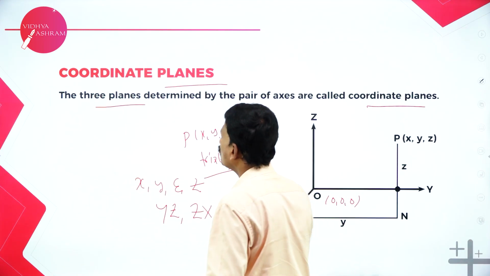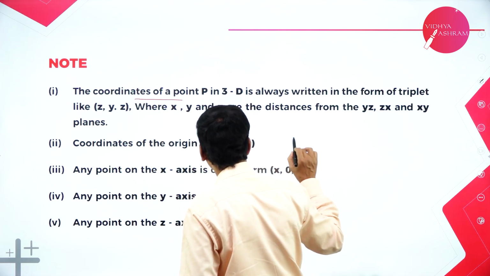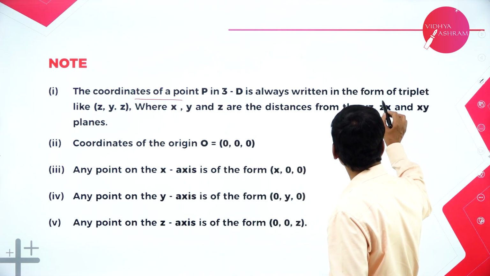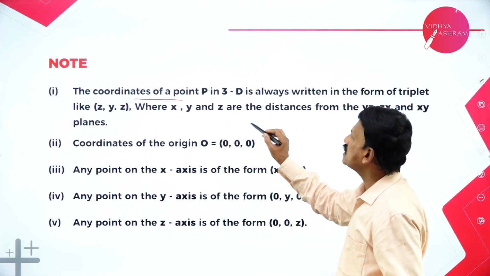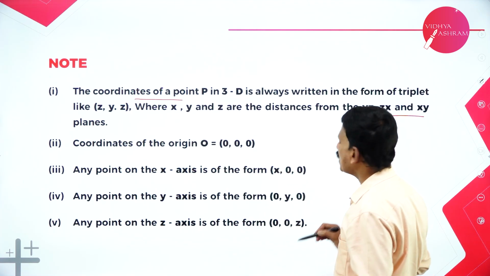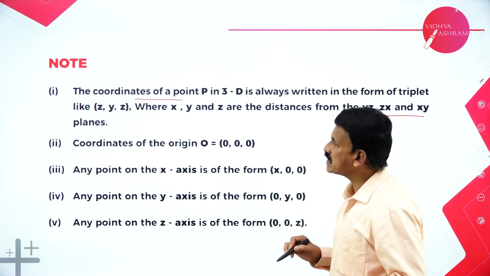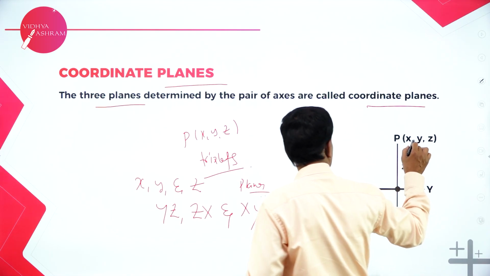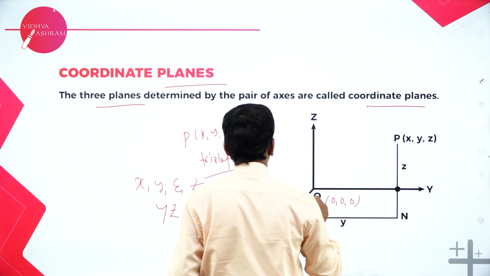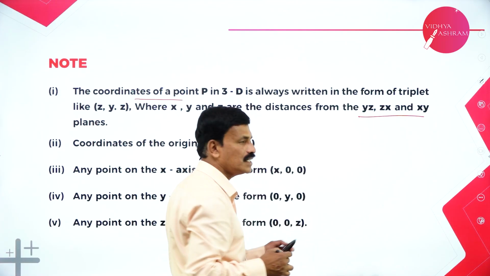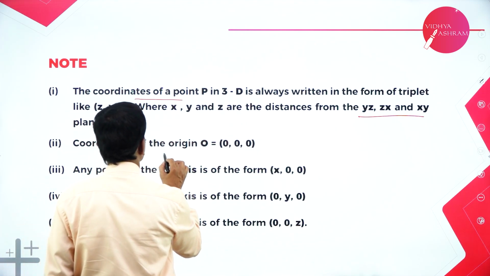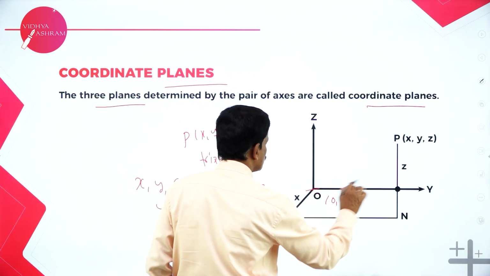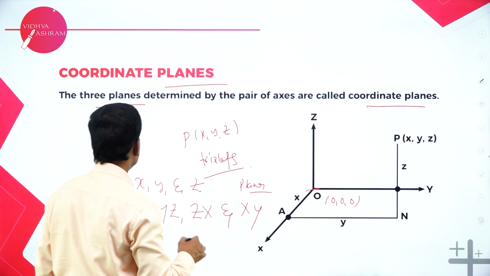The coordinates of a point P in 3D are always written in the form of triplets like x, y, and z, where x, y, and z are the distances from the YZ, ZX, and XY planes. The coordinates of the origin are 0, 0, 0.